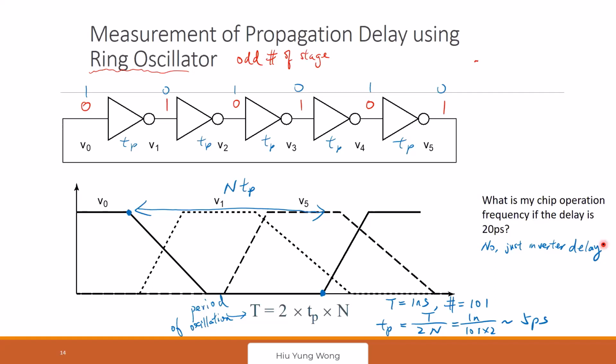So even if Intel tells you that they have a 1 picosecond delay for a NAND gate, don't ask them why you are not operating at 1 terahertz. We're not, because there's some more complicated object. But this is a good metric to gauge how good the process is. Is that okay?